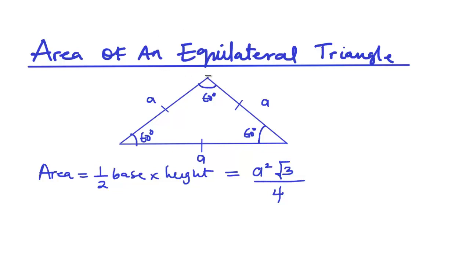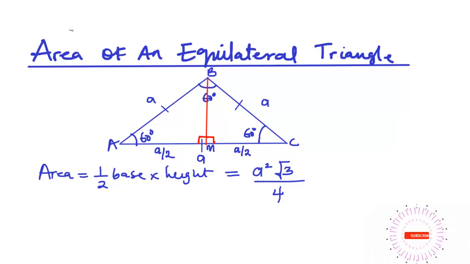So if we bisect this vertex, we are going to have 90 degrees here and here. Let's label the vertices A, B, and C, so the length of AC is also A. Let's say the midpoint is M. So A to M will be A over 2, and this one will also be A over 2, because we have bisected B. So we can choose triangle ABM to determine the height of the equilateral triangle.